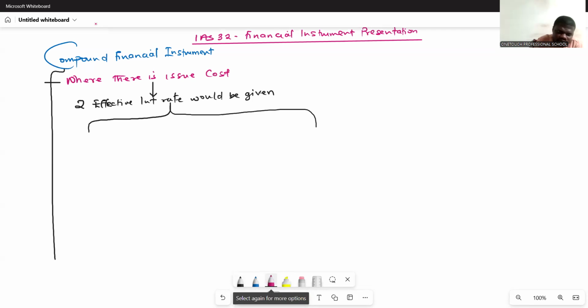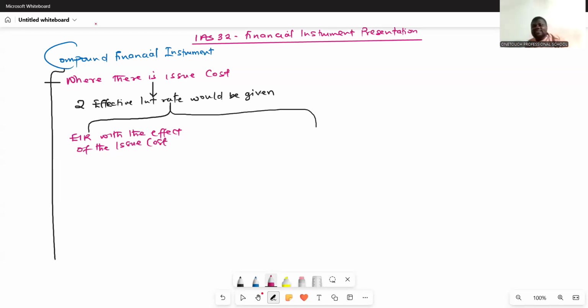So we have the effective interest rate with the effect of the issue cost. It means that such effective interest rate has taken care of the issue cost. The issue cost has been reflected in ascertaining the effective interest rate.